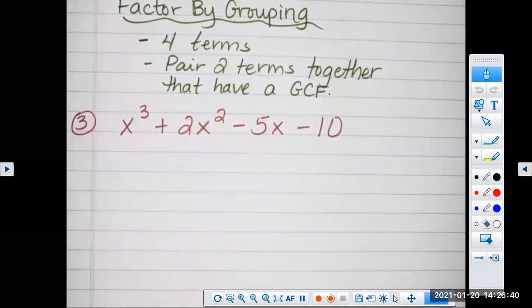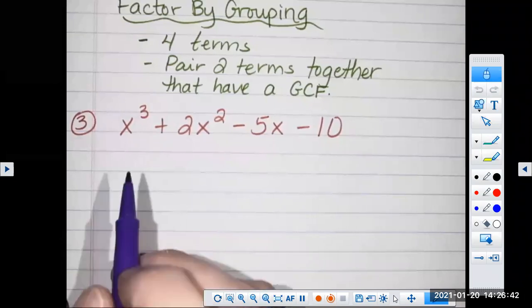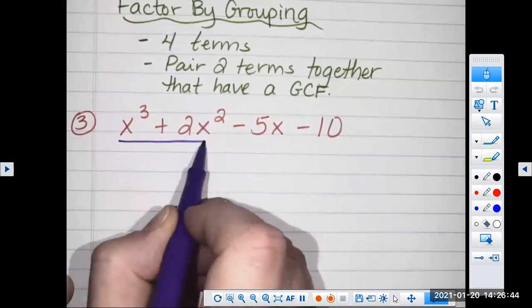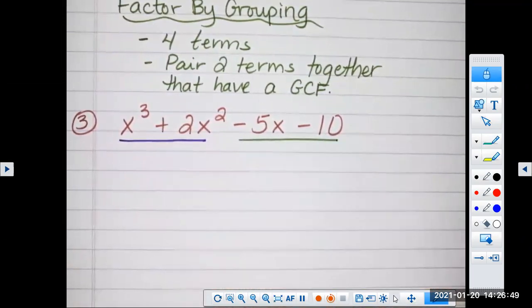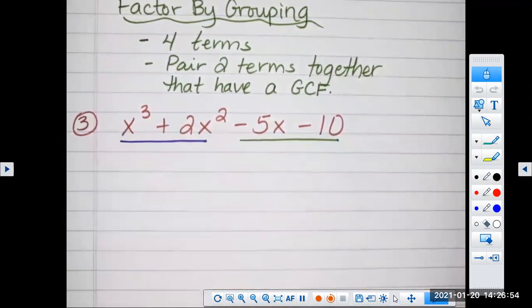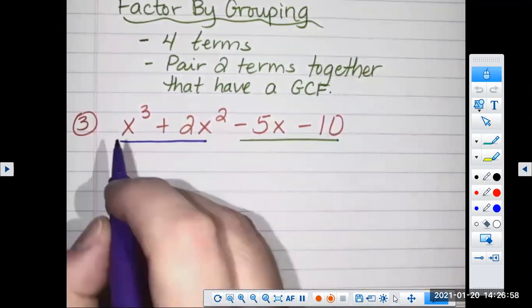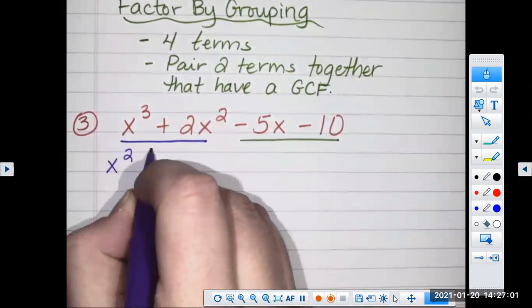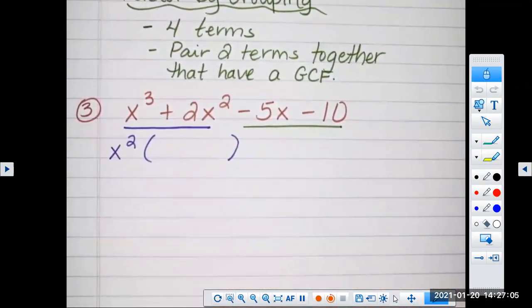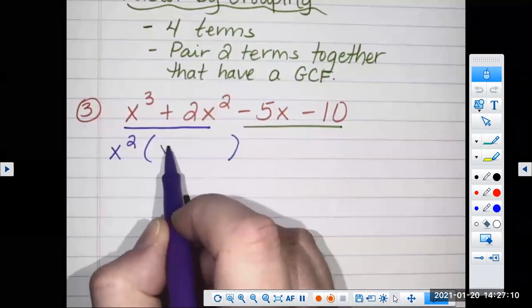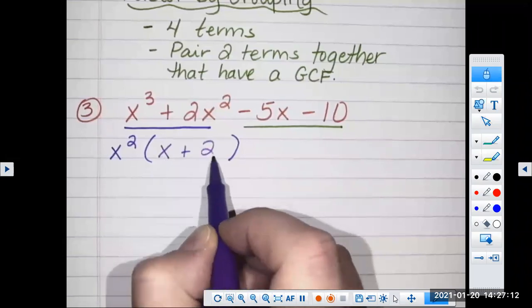And what I like to do that keeps it simple, if I can pair the first 2 things together and then pair the last 2 terms together, then I'll do that. And if you'll notice, the first 2 terms do have something you can factor out, which is what? Good. They both have x squared. What are you left with? With x. There you go.